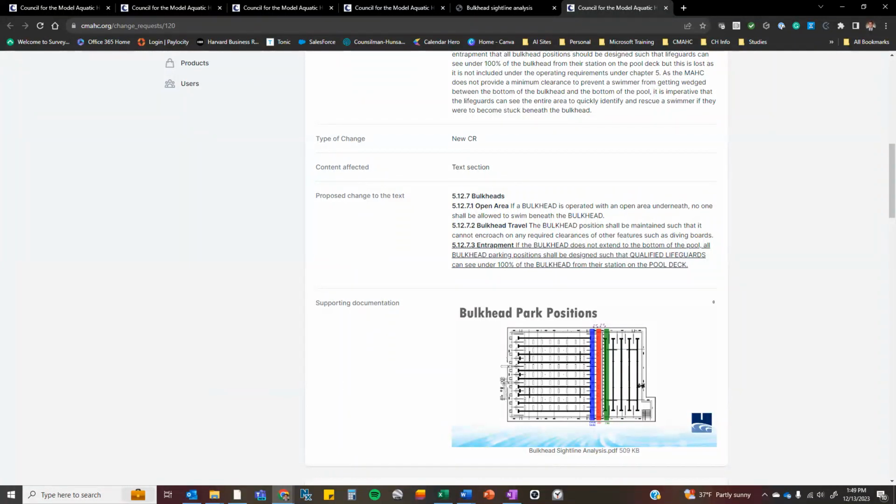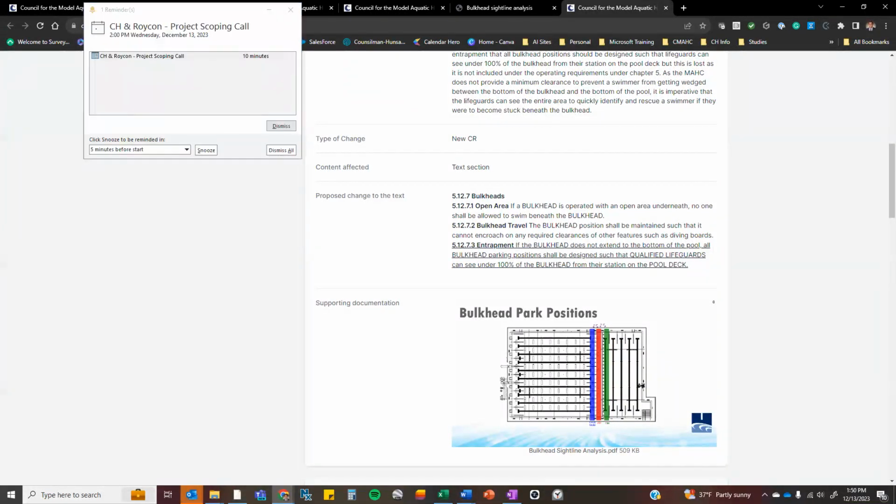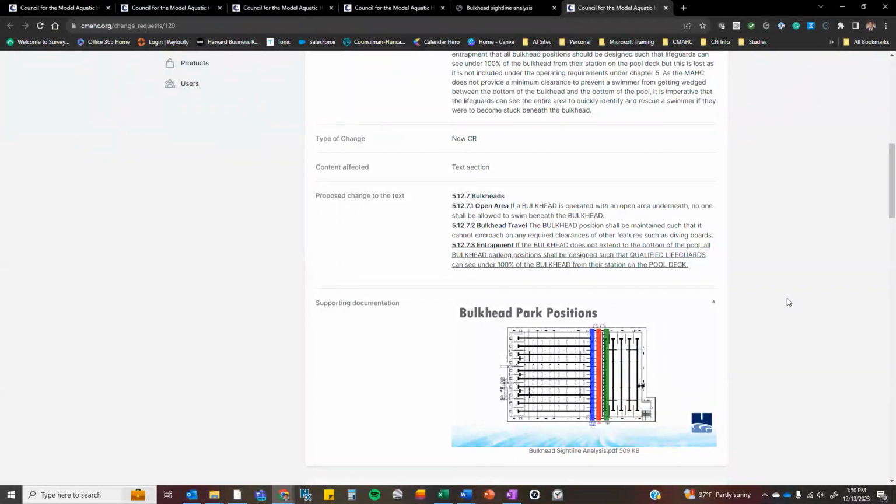What I was looking at was the zones of patron surveillance in 6.3.3.11. So let me ask you this: if this were included, it wouldn't take away from the other part in chapter 6 about making sure 100% of the pool is visible, the zones of surveillance.